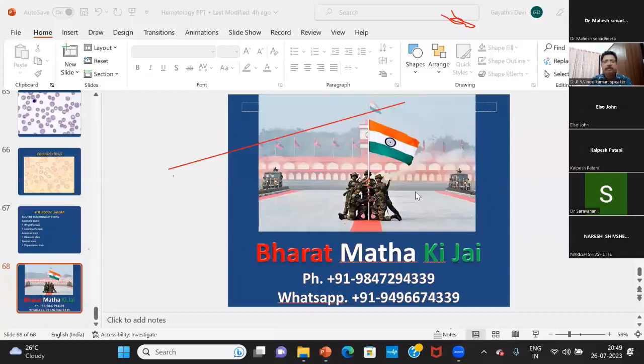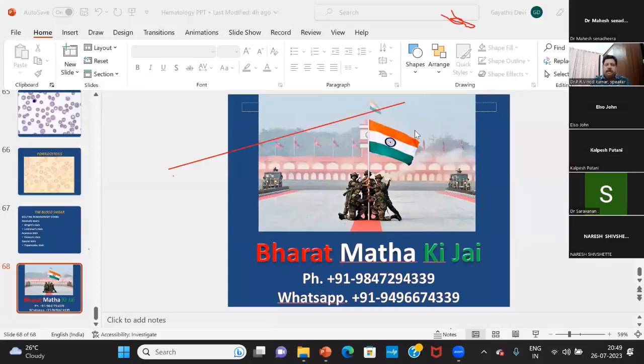One person asked how to select the anticoagulant. I have already told that anticoagulant selection should be very meticulous. For normal hematological uses we can use EDTA. EDTA is sufficient.